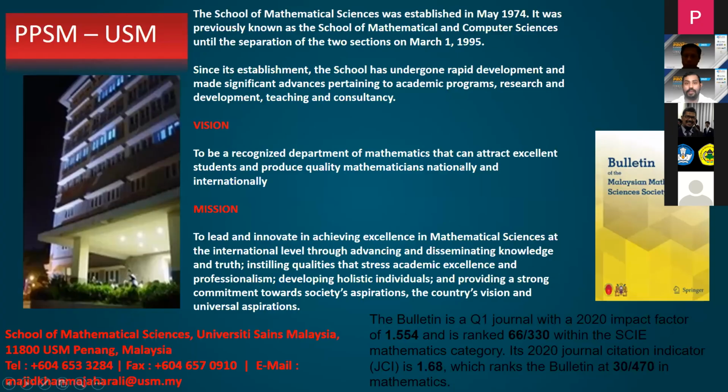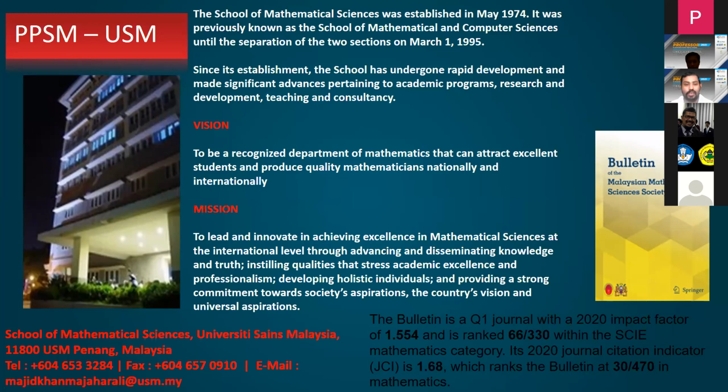Okay, so basically before I go into the presentation, I would like to just advertise about my school. The School of Mathematical Sciences, established in 1974, previously known as Mathematical and Computer Sciences until the separation. Our vision is to be a recognized department of mathematics that can attract excellent students and produce quality mathematicians and also computer scientists nationally and internationally.